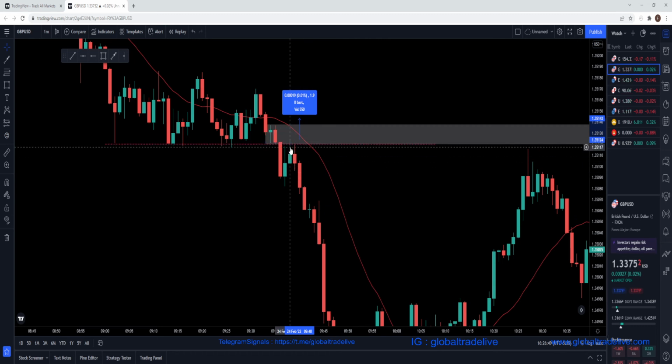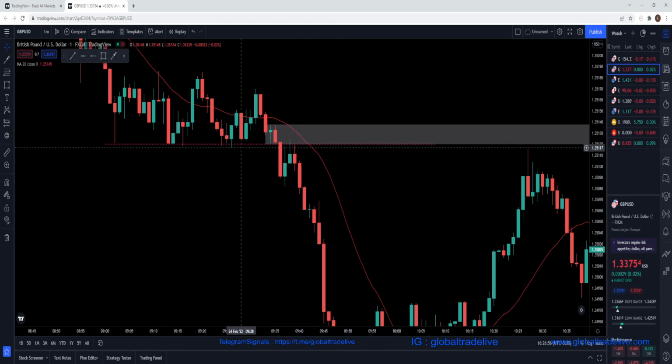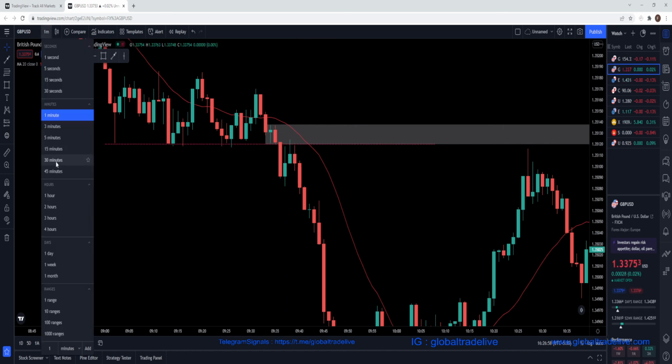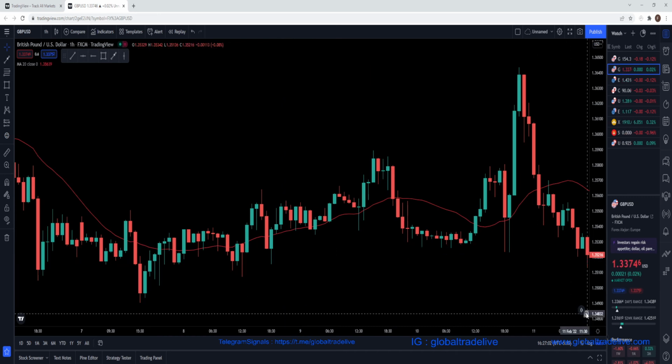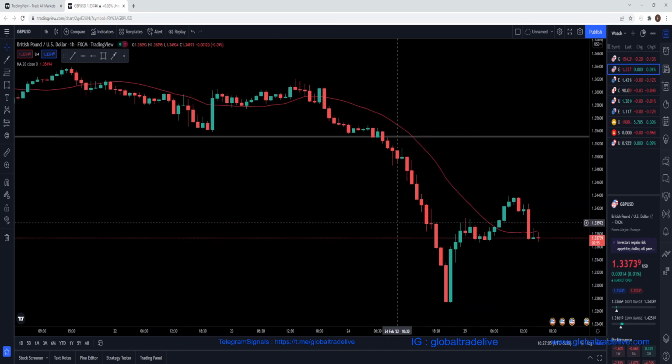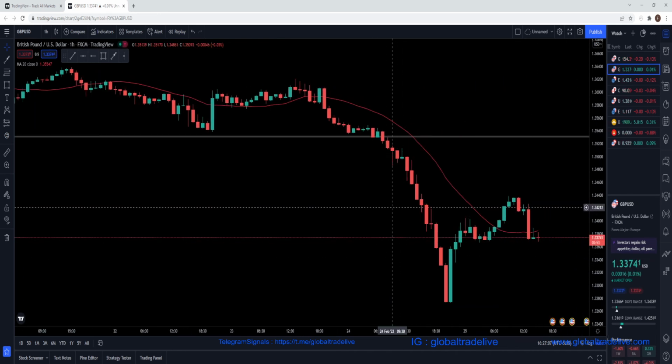So this trade was taken on the 9:30 candle, something like that. So let's have a look at the 9:30 candle over here. 9:30 is this candle over here.